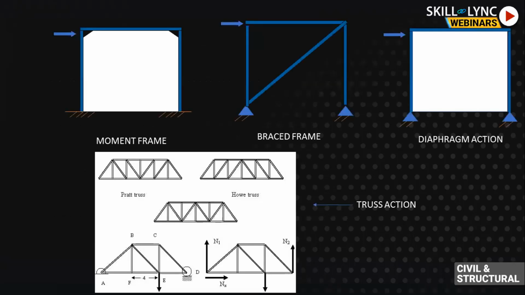Here you can see the pictures of various frames and trusses. The first one is a moment frame, the second one is a brace frame, the third one is a diaphragm. What is a diaphragm?